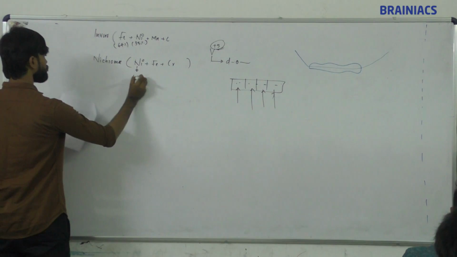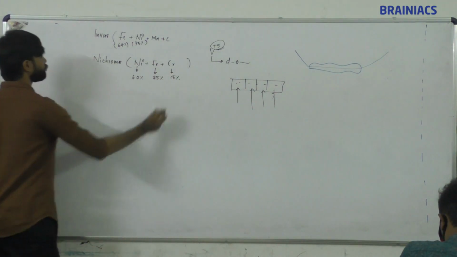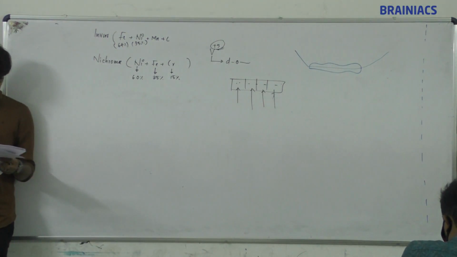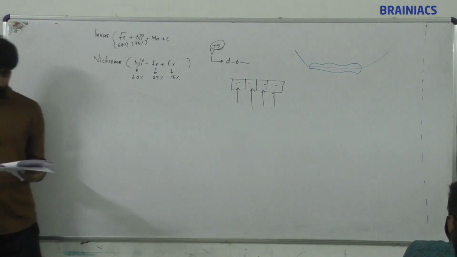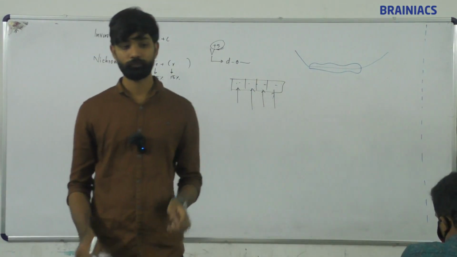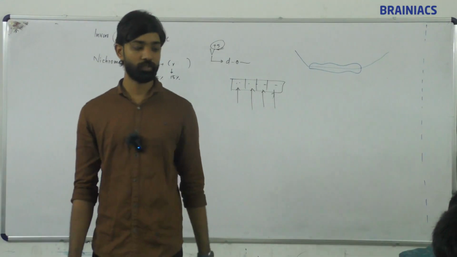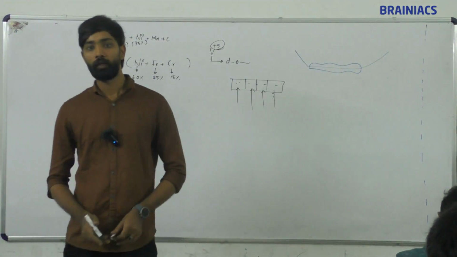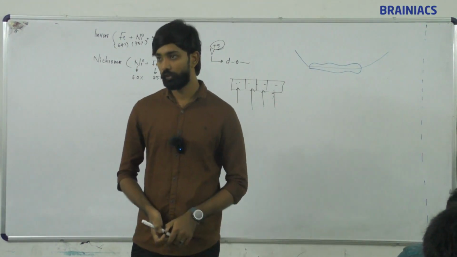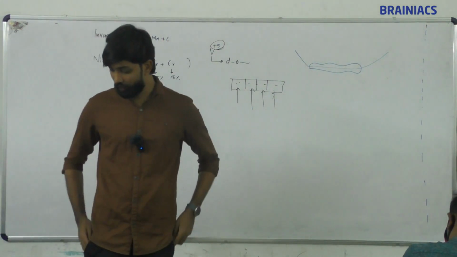Nickel is around 60%, then 25% and 15%. The next, stainless steel. In brackets, Fe plus C, so a ferrous alloy containing iron and carbon. The next, duralumin.